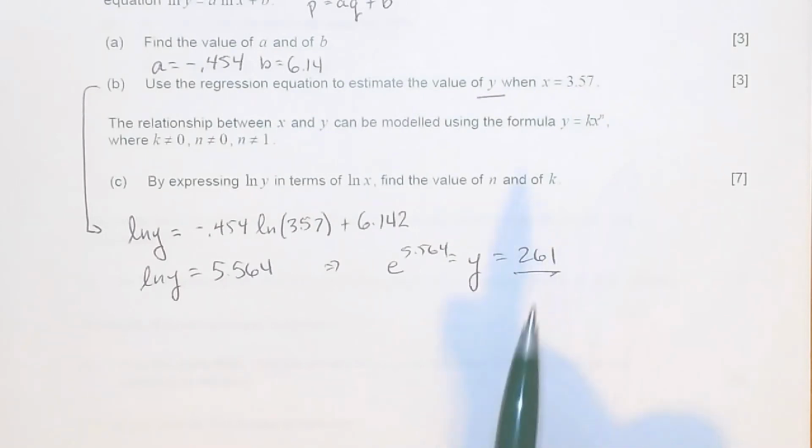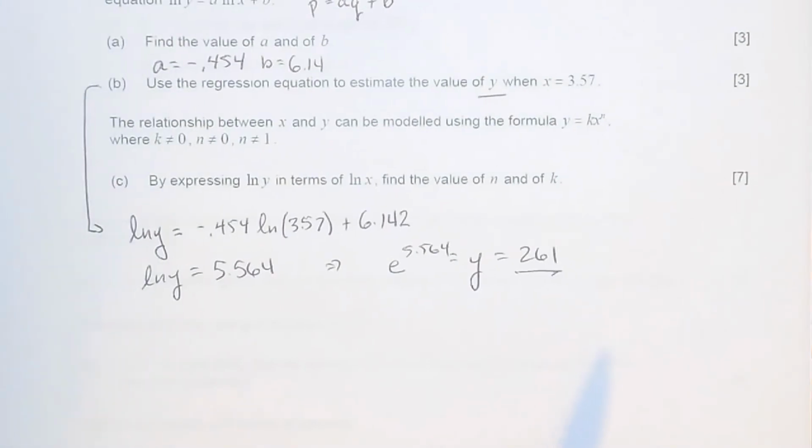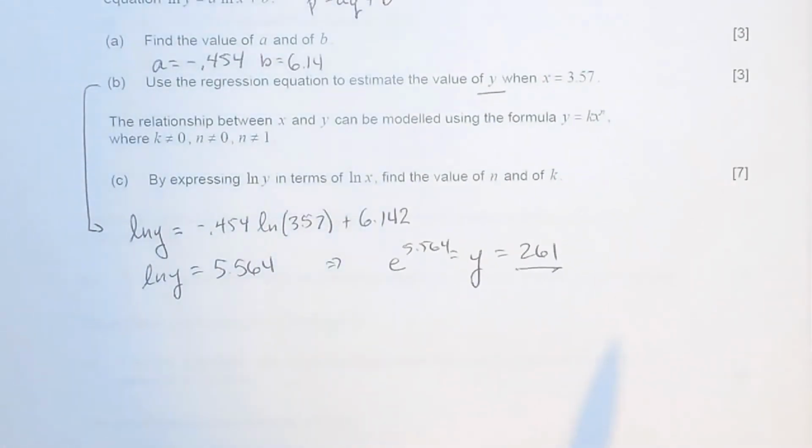All right, now it tells us the relationship between x and y can be modeled according to this formula, y equals kx to the n. So let's write this down.